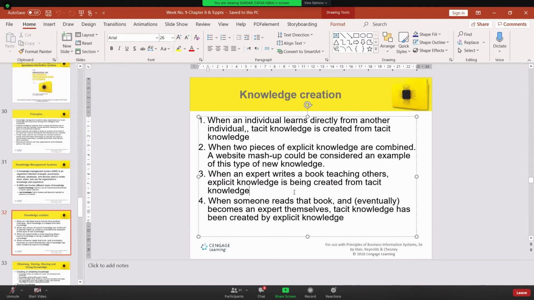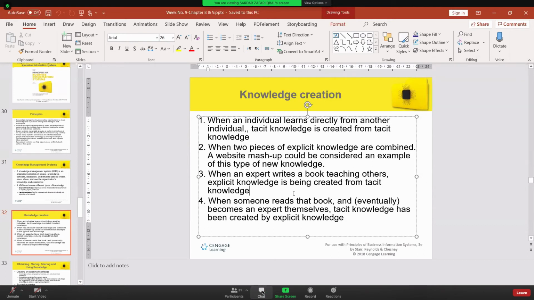I'm teaching you and you are learning from me. This is tacit knowledge. But after learning, you become an expert and you start teaching others. So this is explicit knowledge now. Okay?